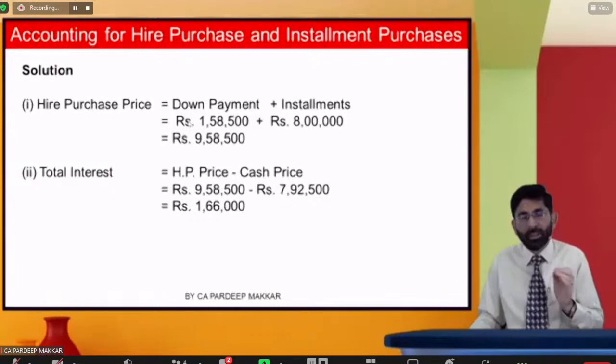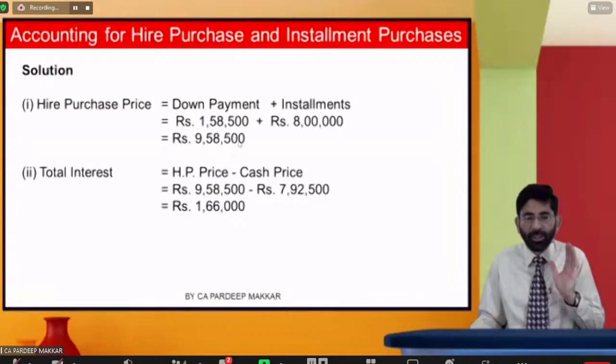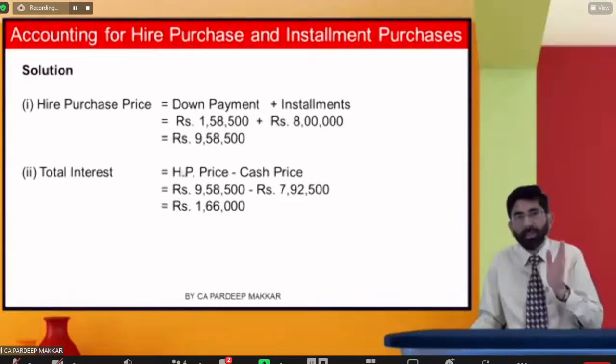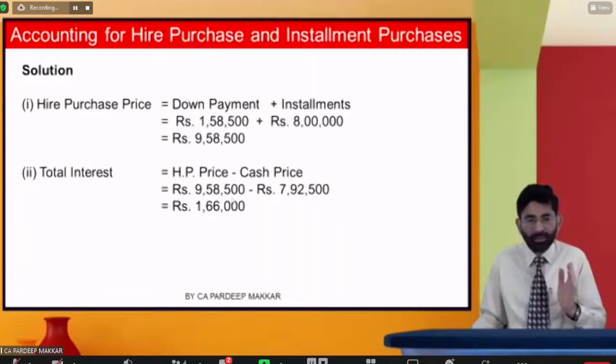That is down payment plus HP price of installments. Installments are of rupees 2 lakh and there are 4 installments. So it will be 8 lakh. Total is 9,58,500. This is the total amount of the HP price of your product. Now what is the total interest? Step number 2 is how to get the total interest. Total interest is total HP price minus total CP price. That is with us. It is 1,66,000. Is that clear, beta?